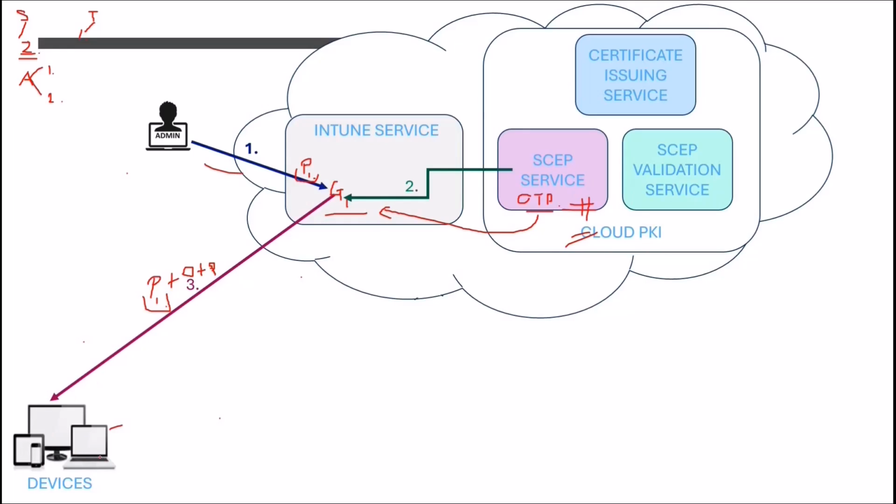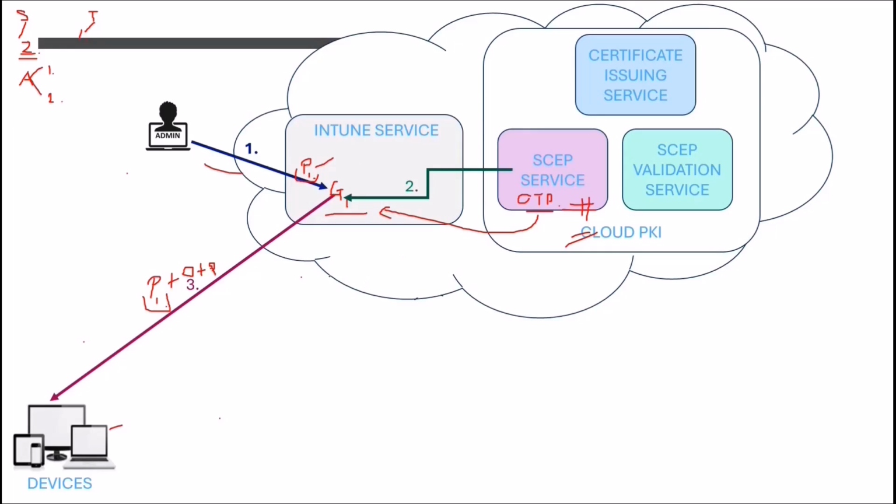The device needs to reach out to the SCEP service in order to do whatever it is supposed to do next, which is request a certificate. But even though this device is on the internet, and the SCEP service is also exposed over the internet because it's hosted in the cloud, the device does not know where the SCEP service is. Therefore, in this profile, we have to enter a URL, and that URL points to the SCEP service.